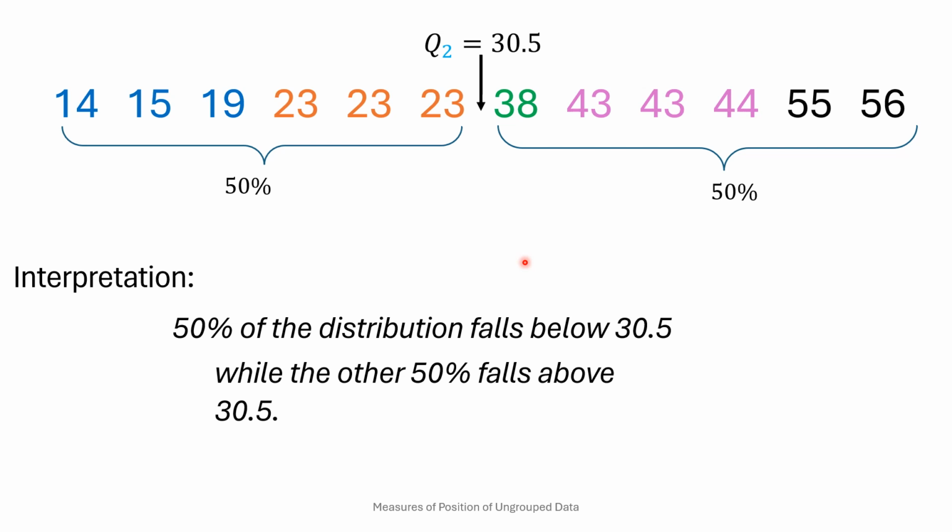You can also say that there are 6 data values in the distribution that fall below 30.5, and there are also 6 values that fall above 30.5.